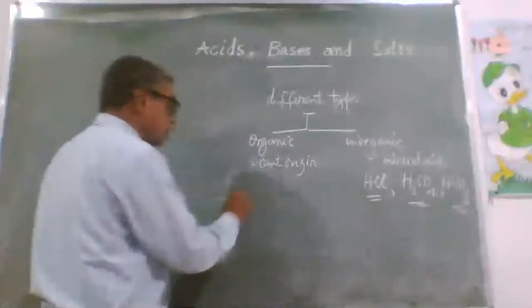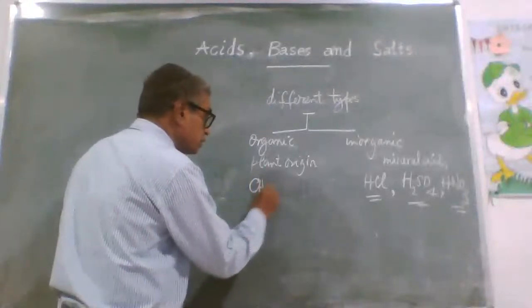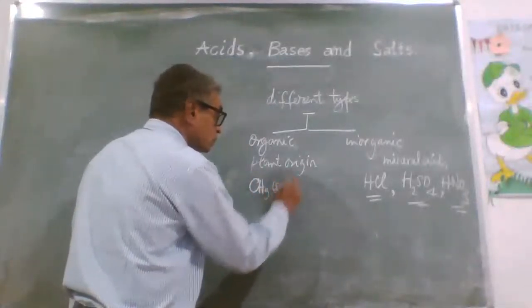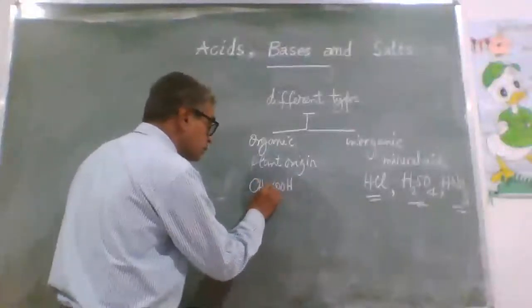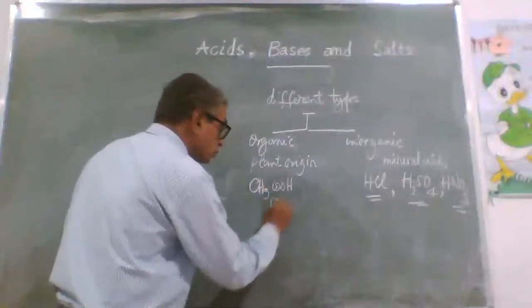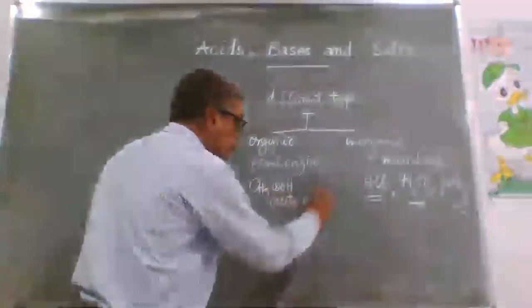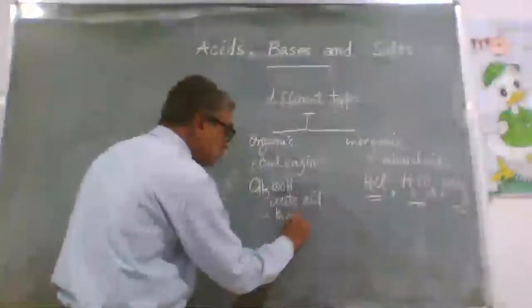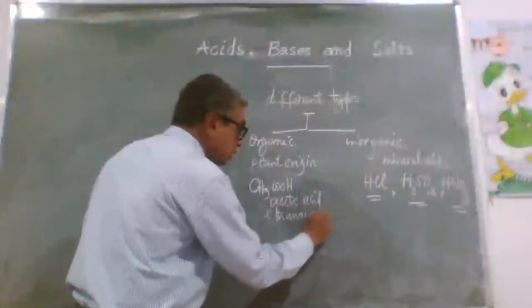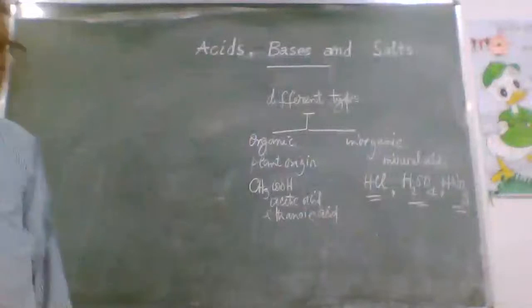Organic acids are, you can say, CH3COOH, which is otherwise called acetic acid. Nowadays another name is ethanoic acid. Ethanoic acid or acetic acid, that is CH3COOH.